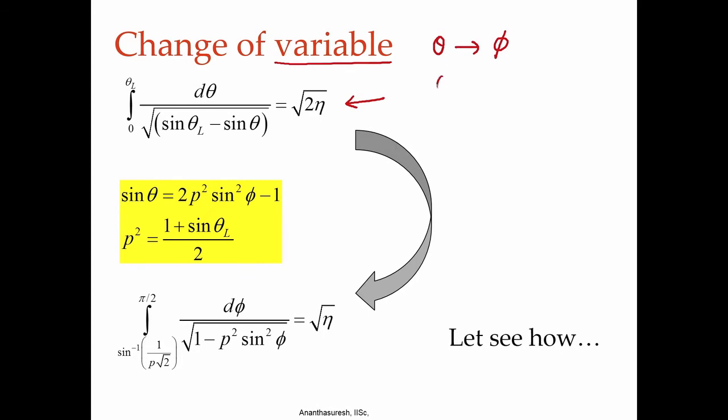So, there are two changes of variables, I should say, theta to phi and then theta L to something called p, which is called the modulus of an elliptic integral that we will see. Actually, we have it right here. So, this is an elliptic integral of the first kind.